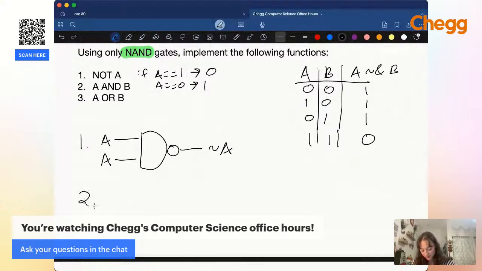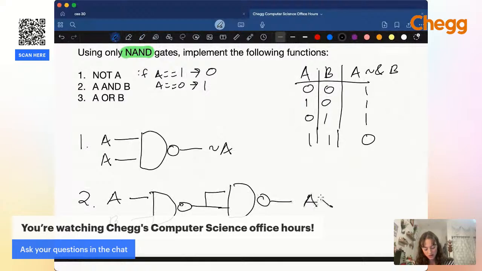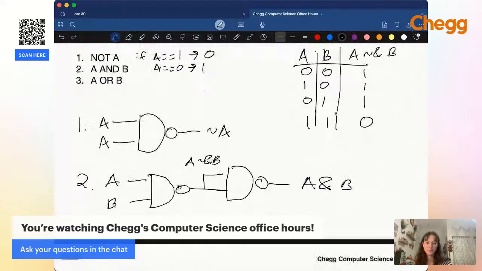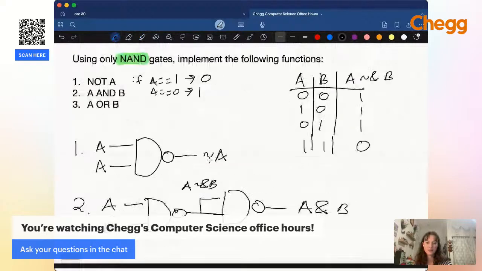So we can do A NAND B and then we do that again to make A and B, right? Because this returns A NAND B, and that returns A and B if we NOT it.